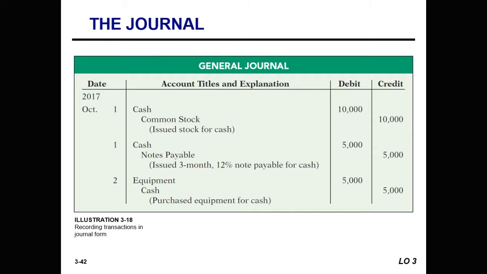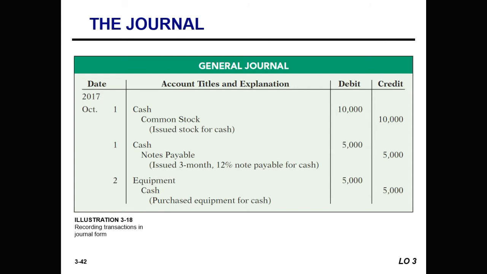So, for example, on October 2nd, had we not put equipment, maybe we had put buildings, $5,000. We would then incorrectly be representing an increase in buildings that is not there. Doesn't mean we didn't have the assets. We just have it in the wrong spot.